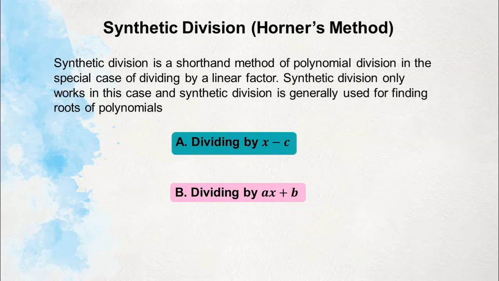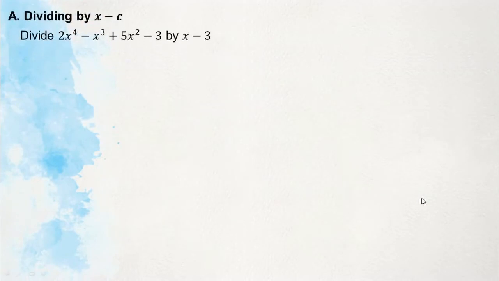So without further ado, let's jump to dividing by x minus c. For dividing by x minus c, we have an example. Divide 2x power 4 minus x power 3 plus 5x power 2 minus 3 by x minus 3.